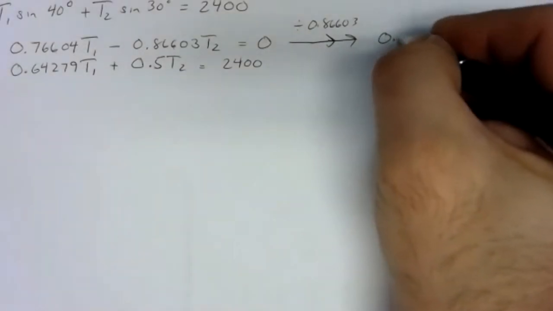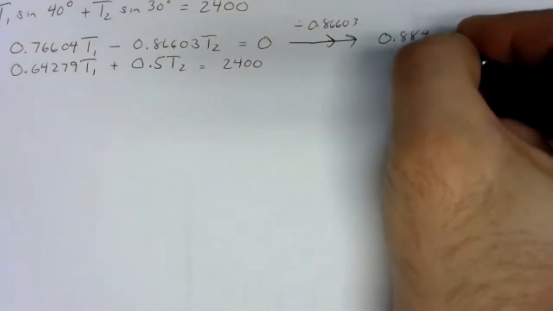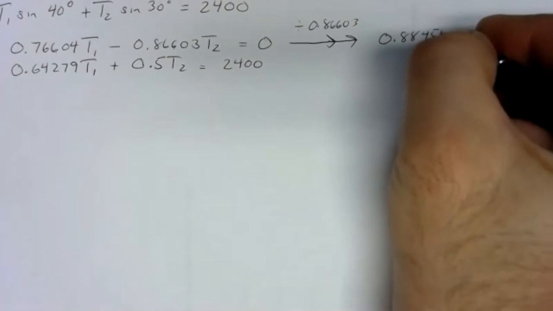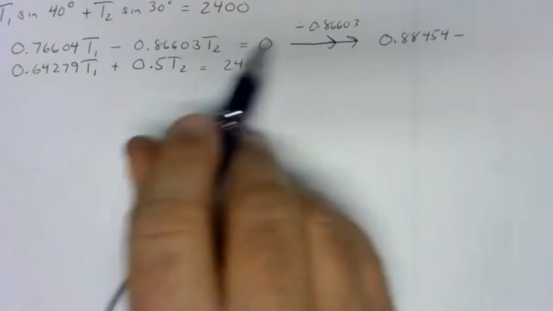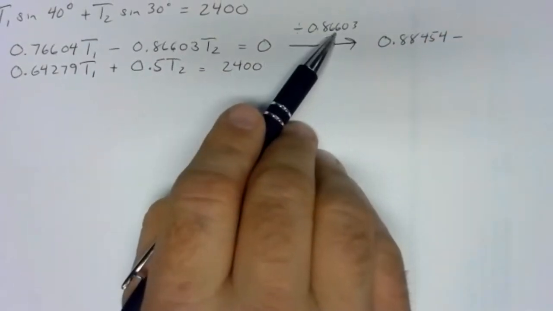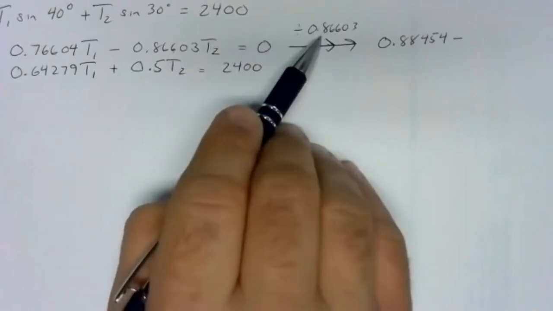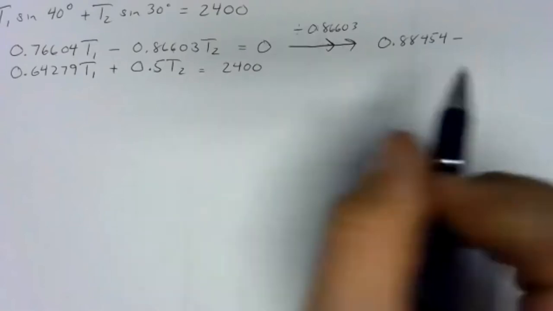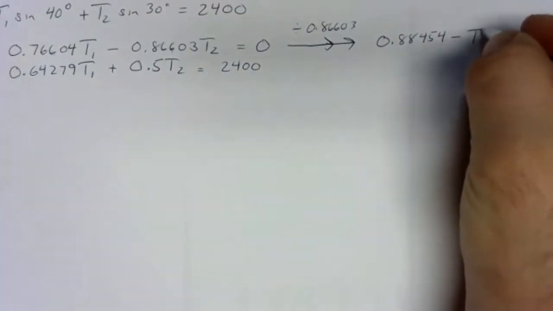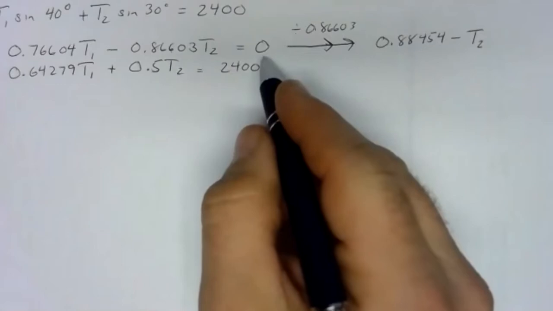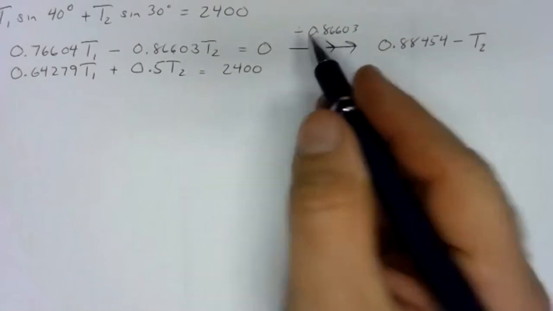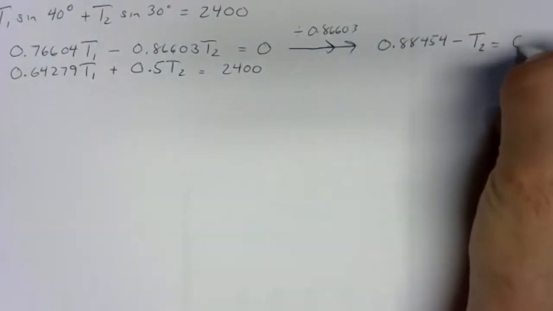So I get 0.88454 T1 minus, since I'm dividing by positive 0.86603, 0.86603 divided by 0.86603, that's just 1. So I get minus T2, and 0 divided by pretty much anything is 0.